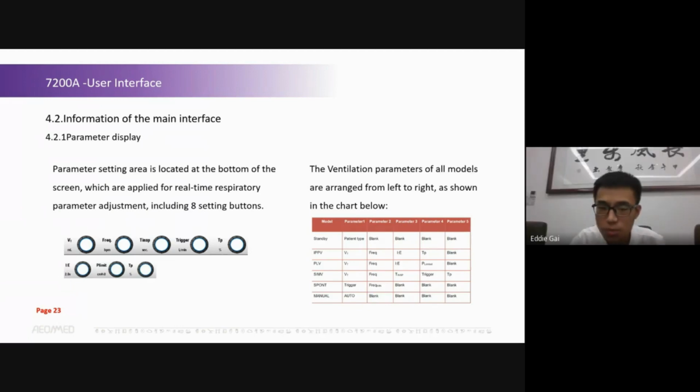Sorry, for our machine 7200A, the oxygen is necessary. You need to connect to the central gas or cylinder. If you have no external oxygen source, the machine can hardly work.